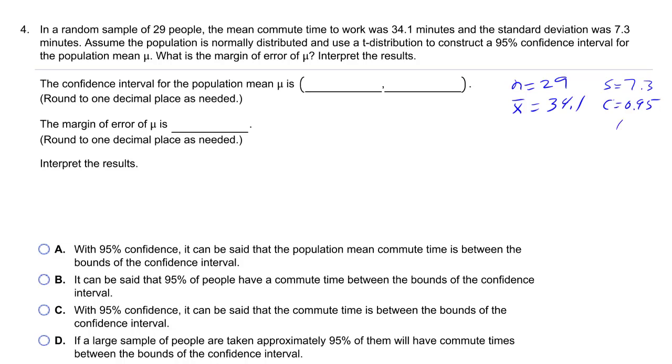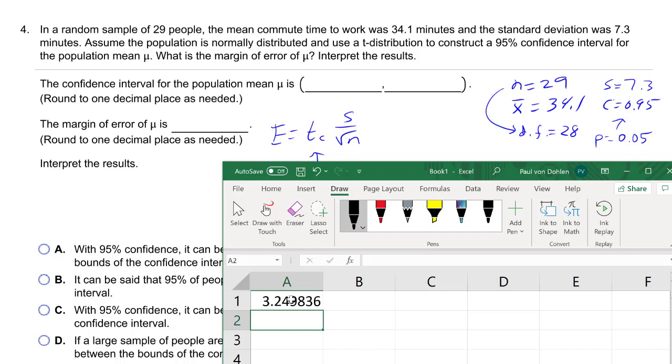All right, so this C of 0.95, again, that's going to be a probability of 0.05. Our n of 29 is going to be degrees of freedom of 28. Okay, so I'm doing E as the critical t-value times s over the square root of n. I have to go get this critical t-value.